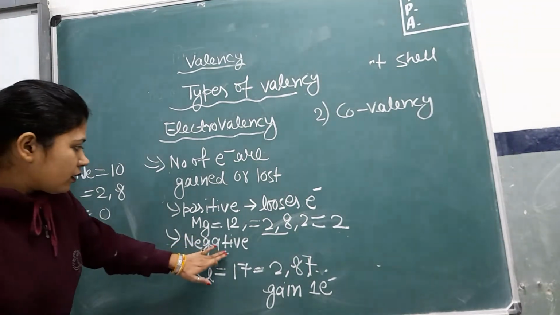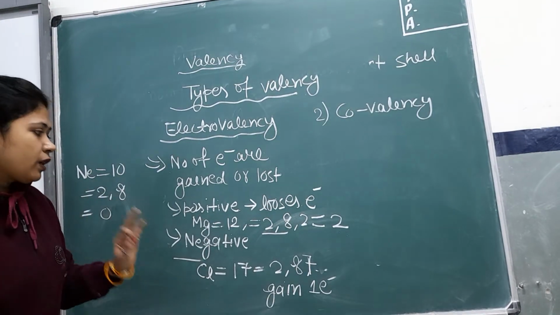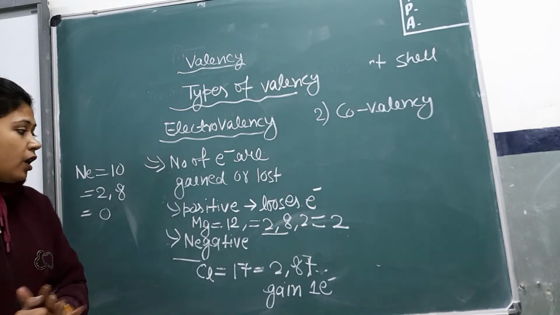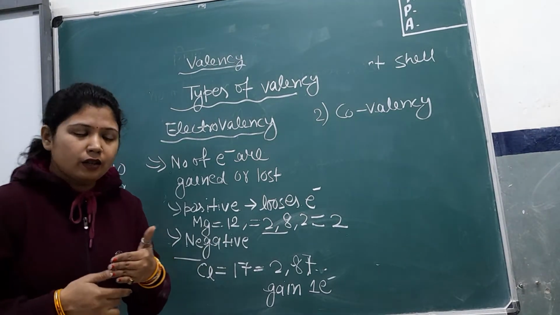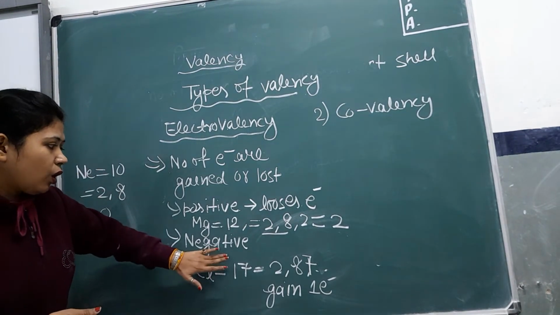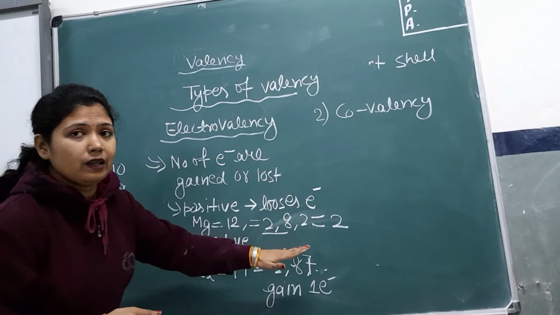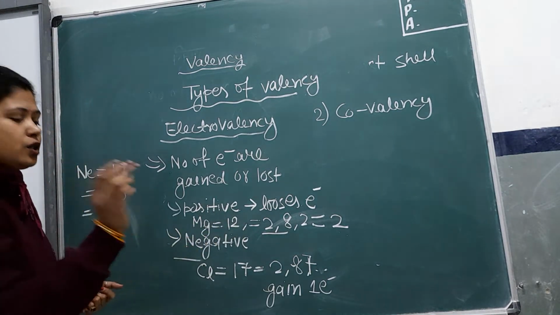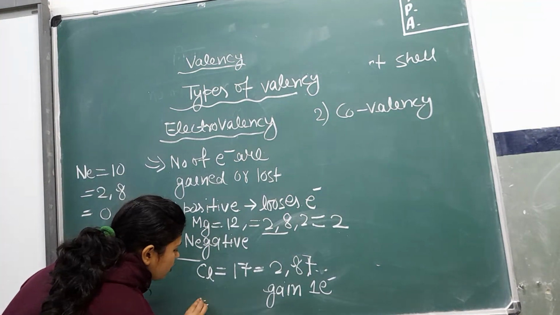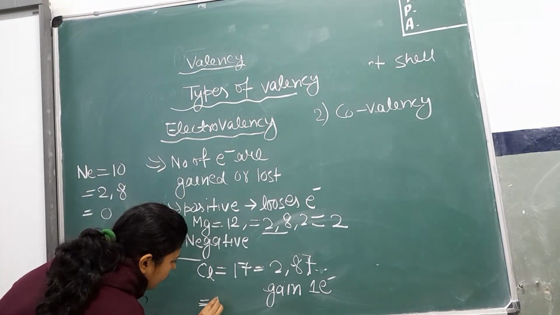So, the atoms which complete their octet by gaining electrons are said to have negative electrovalency. Example, chlorine. So, chlorine has a negative electrovalency of 1.